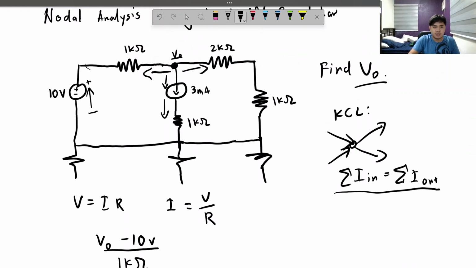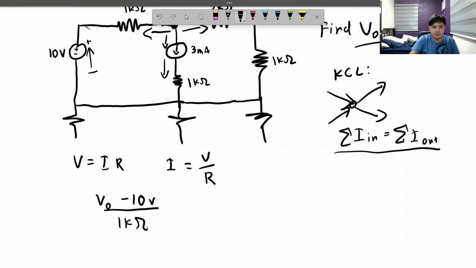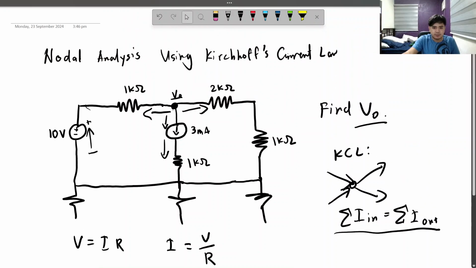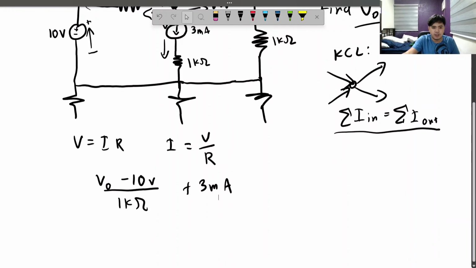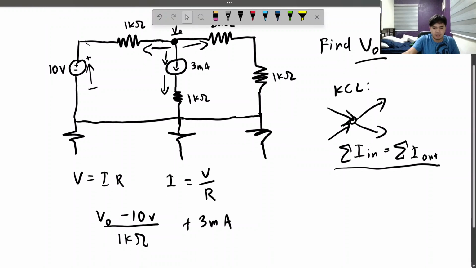Now, going down, we see 3 milliamperes. Do we need to calculate the current? No, the current is already given to us. So it is just plus 3 milliamperes. Then, going this direction, there are no voltage sources except for VO, which we considered as a voltage source earlier. So that's going to be the voltage.